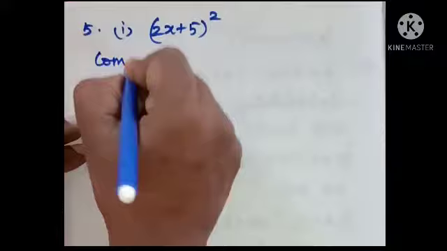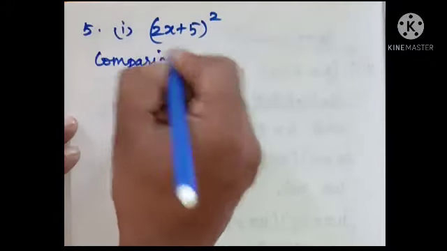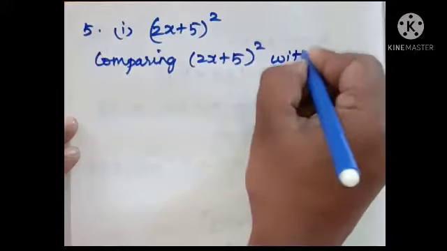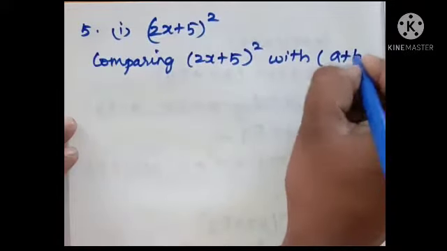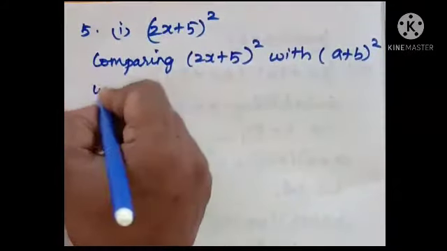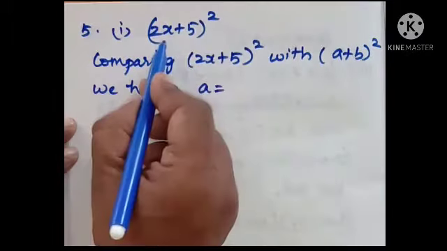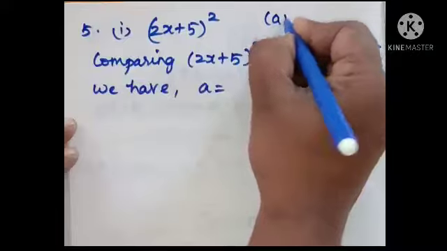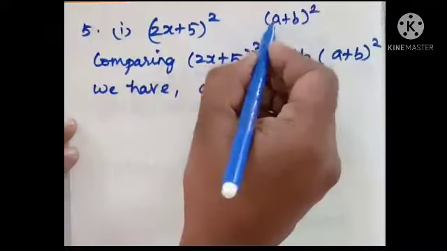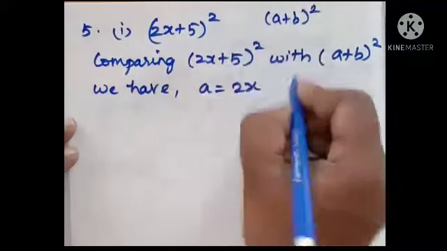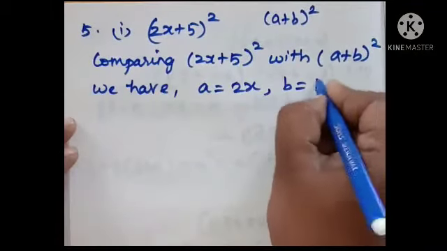Now write down, comparing (2x + 5)² with (a + b)². In place of a here it is 2x, and in place of b here it is 5.